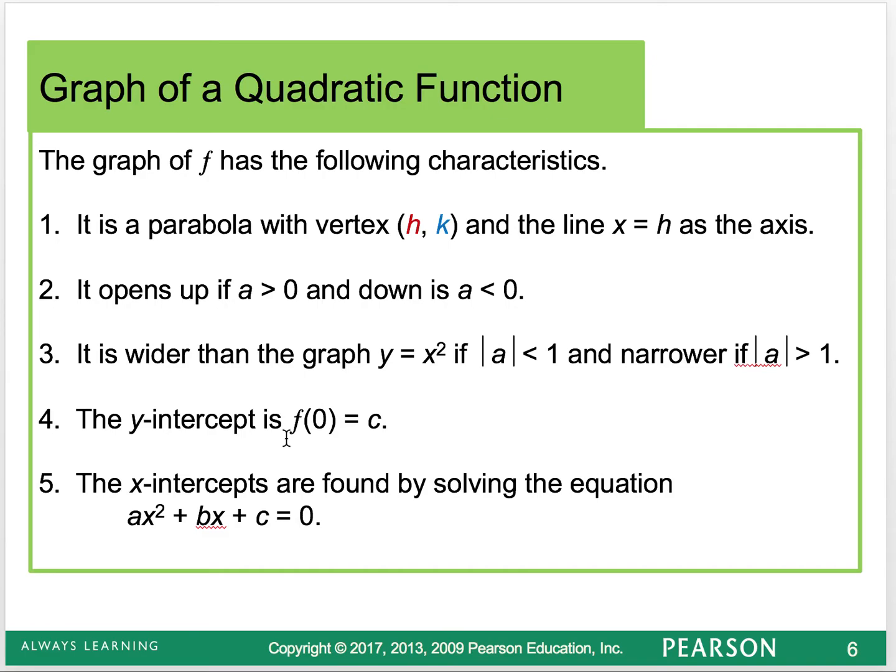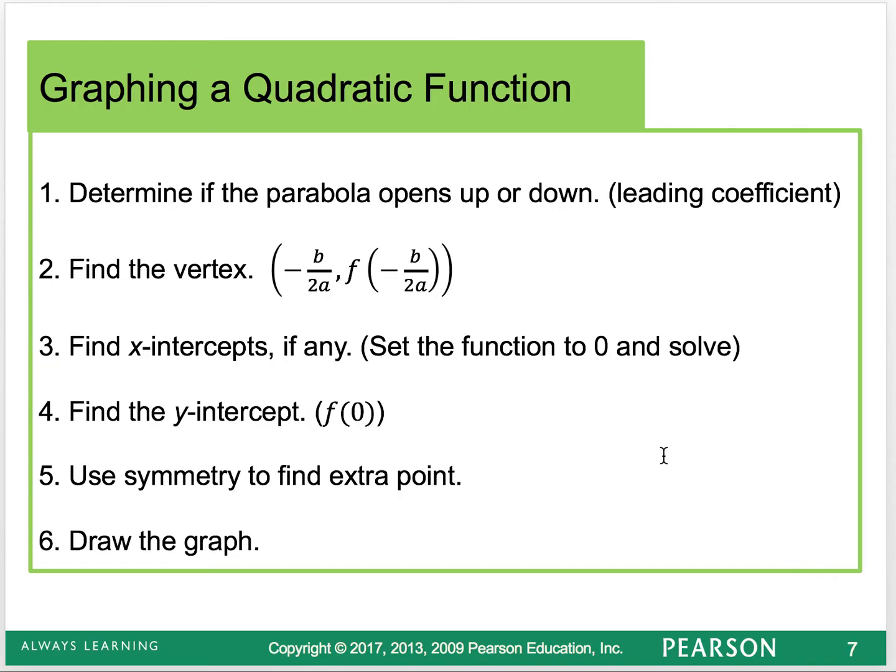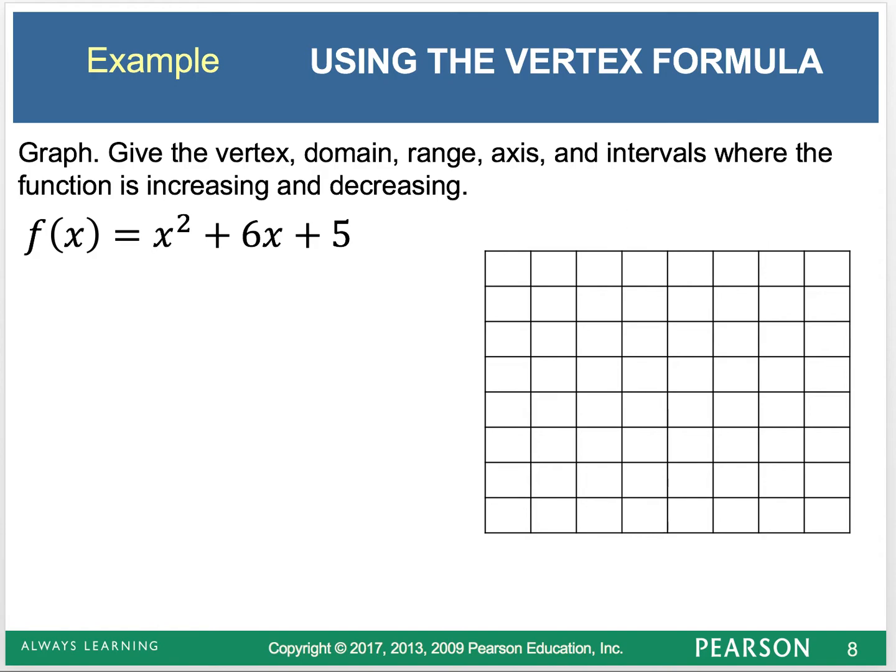So all the stuff we already just discovered. There it is, nice and listed for you. And also, if you want to write these down, here are your steps for graphing every quadratic function that's not already in the form that you can use transformations on.